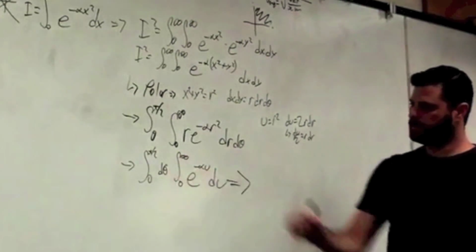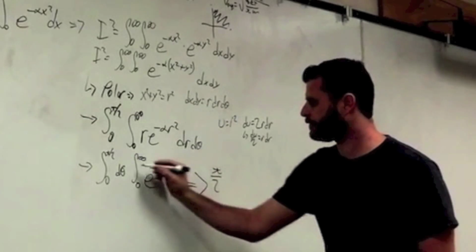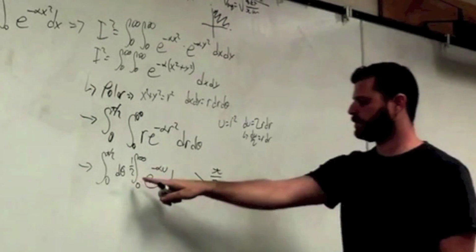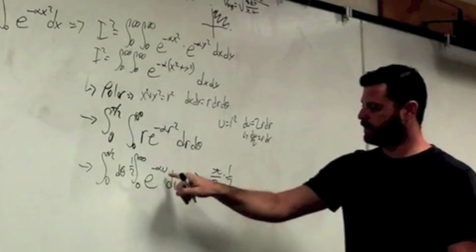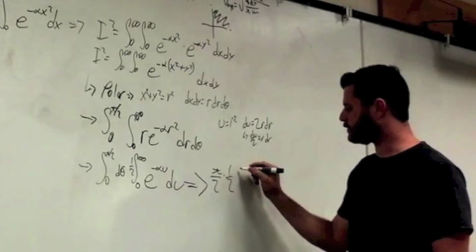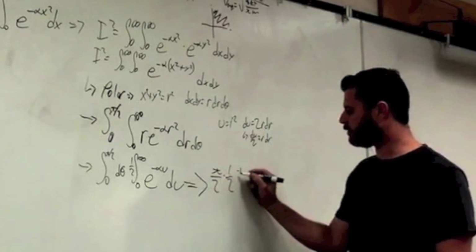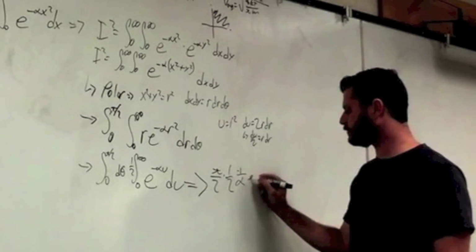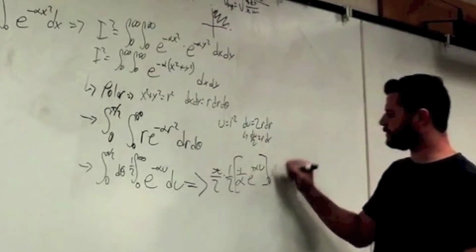And so this is a pretty easy integration, right? You just get pi over 2. Well, can't forget my 1/2 that I pull out front. Multiply that by my 1/2. Then the integration of this is just negative 1 over alpha times e to the negative alpha u, 0 to infinity.